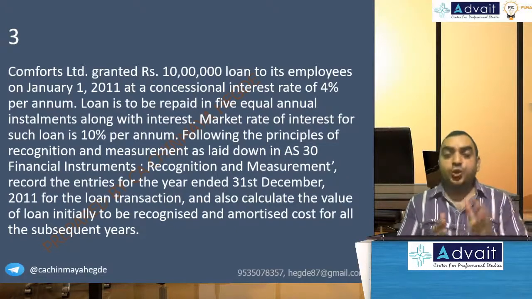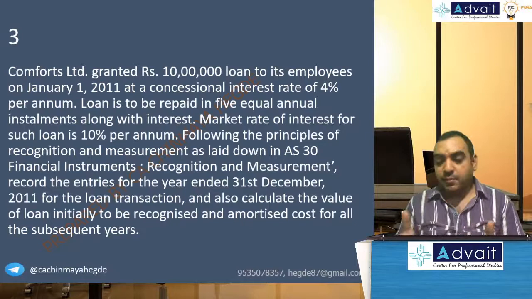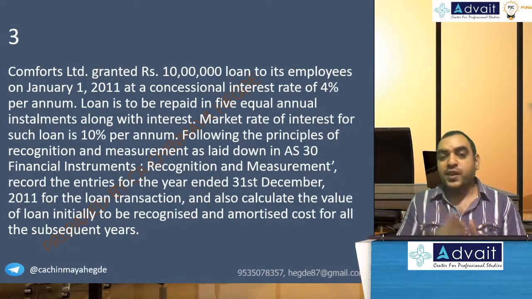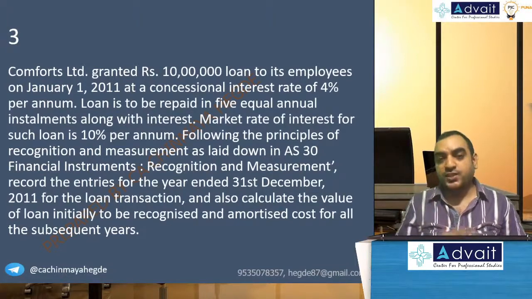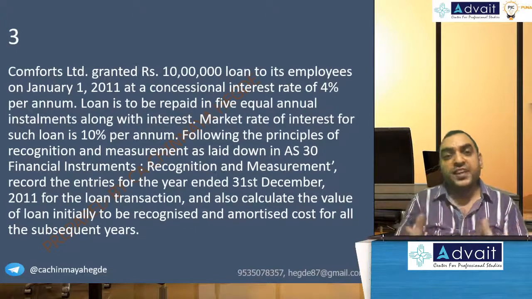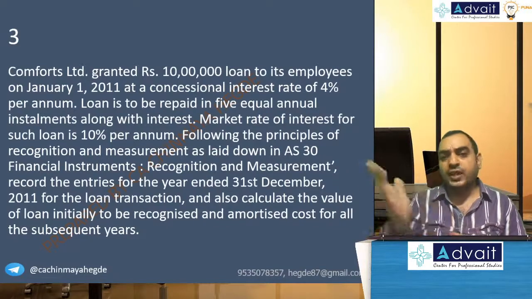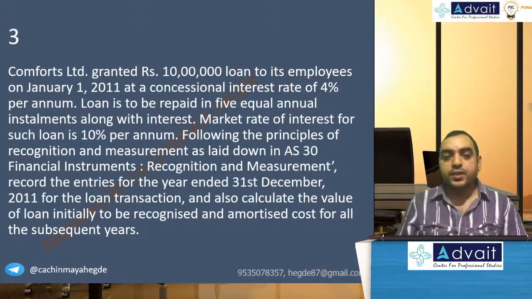In such case you have to compute the difference between fair value and transaction price and treat it in some way, and here because it is related to the employees we will treat it like a staff advance or employee benefit advance, and we amortize over a number of years.